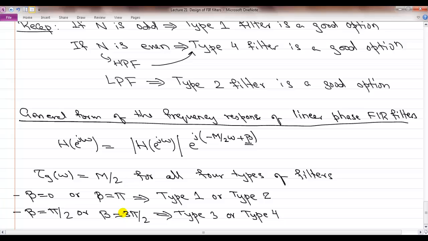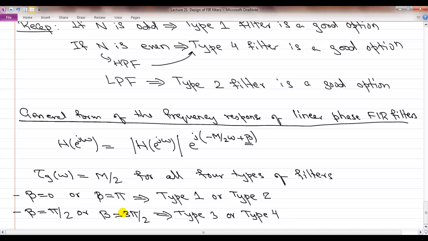That concludes pretty much all the discussion that we needed to have about FIR filters in terms of their zeros, what are linear phase FIR filters, and the different types of FIR filters. Up to this point, we have focused only on using the MATLAB FDA tool to design FIR filters.